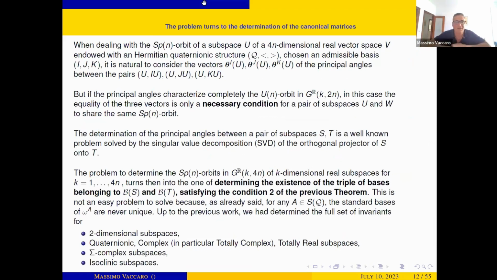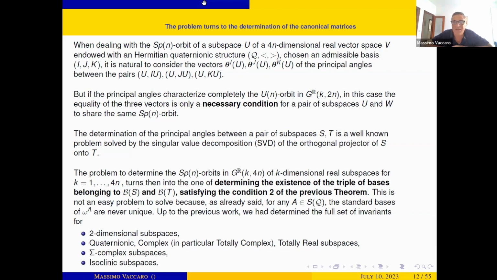So we say here, when dealing with the Sp(n) orbits of a subspace U of a 4n-dimensional real vector space V, endowed with a Hermitian quaternionic structure, having chosen an admissible hypercomplex basis (I, J, K), it is natural to consider the vector theta_I, theta_J, theta_K of the principal angles between the pairs U and IU, U and JU, and U and KU. But in the case of the unitary group U(n), where we speak of a complex vector space with only one form omega_I, the principal angles completely characterize the U(n) orbit in the Grassmannian.